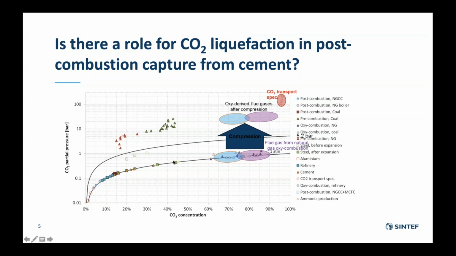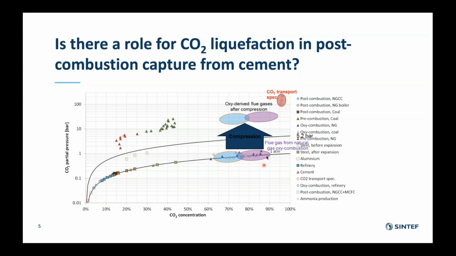The line below is the 1 bar line, and this is the 5.2 bar line, which is the triple point of CO2.